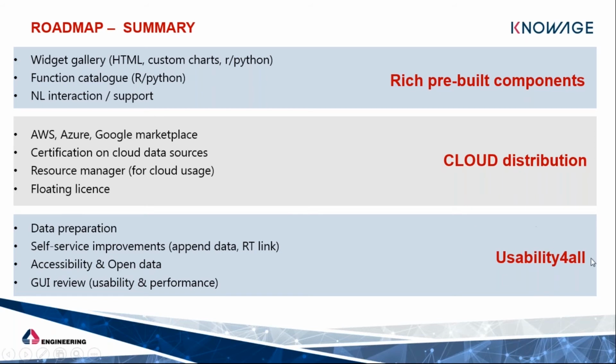And the third pillar concerns the general usability of the product from many points of view. First, as a general user interface matter, but also as new capabilities in the self-service process.